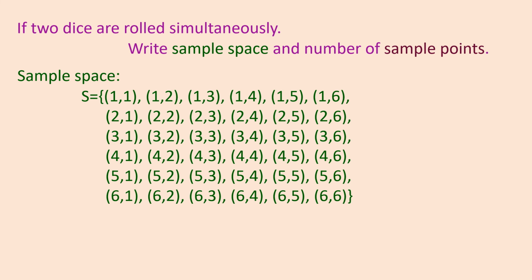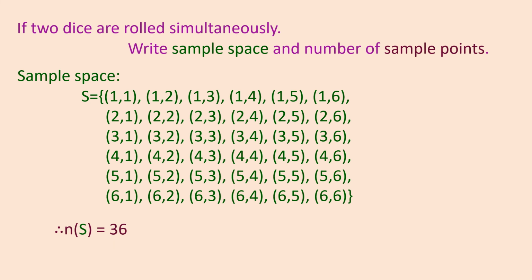Similarly, if the upper face of the first die is 3, then the second die will have upper face 1, 2, 3, 4, 5, 6. Similarly, if the first die has 4, then the second die can again have 1 to 6. Same way, the last one, both dice can have 6, 6. So this is the sample space which is the result of the random experiment's outcomes.